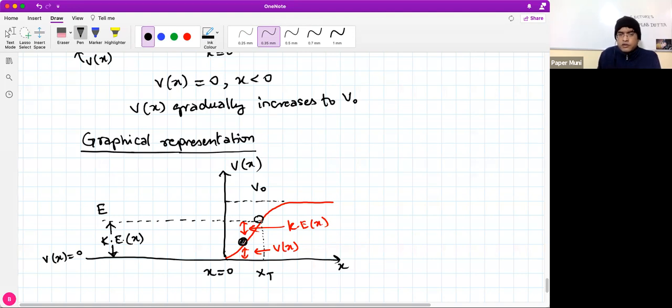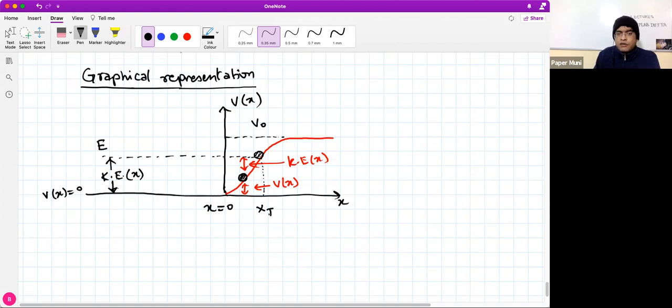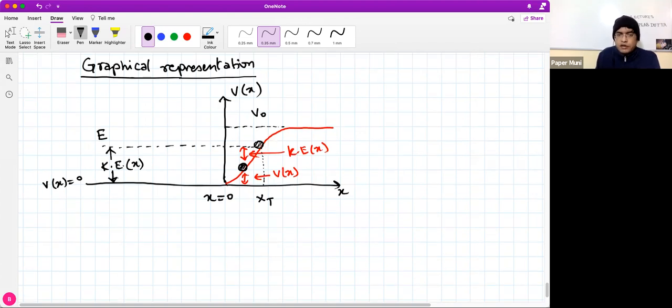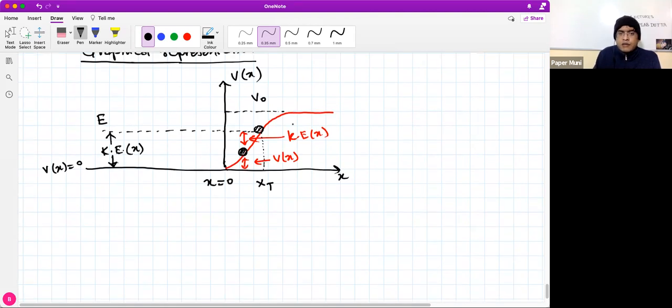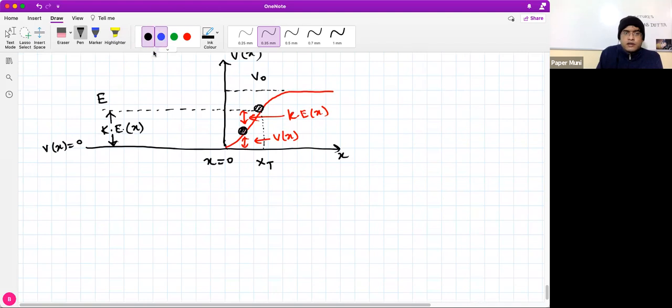It will become 0, and the potential energy will become whatever the value of the potential is at this point. What will happen after that? The ball will again roll back from there in this direction. It cannot go further than that. It cannot climb this potential.